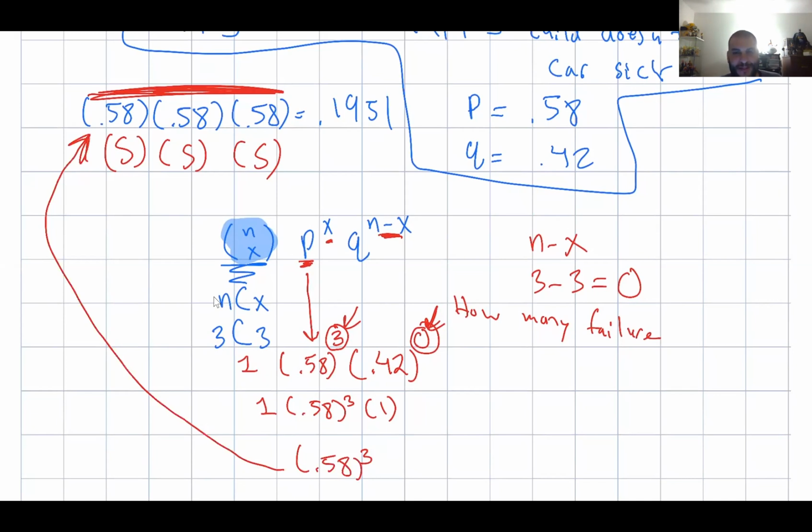I want to show you the link between 5.4 and what we're doing in chapter 6. Because when we're doing the multiplication rule and now the binomial distribution, both of them are the same thing. It's just we're using a different formula. So technically, you don't even have to use the multiplication rule as long as you use the binomial rule.